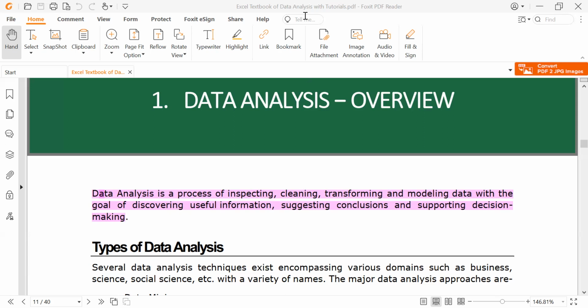You can see my screen, right? Can you see my screen? This line is breaking again.